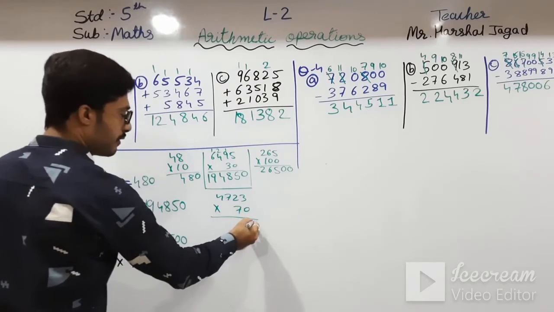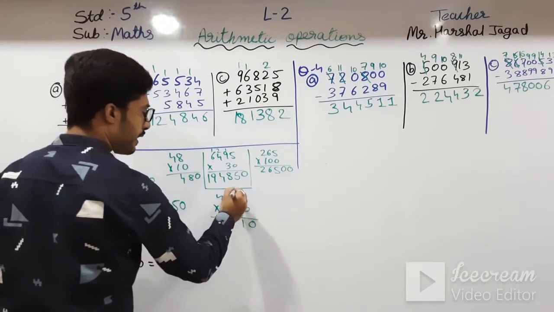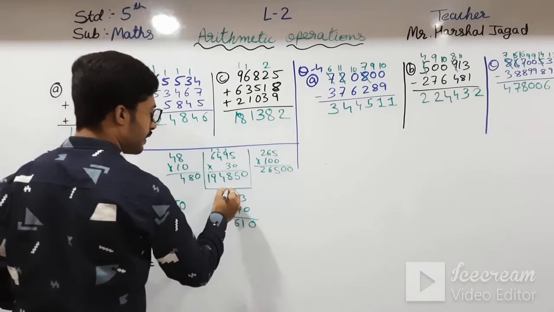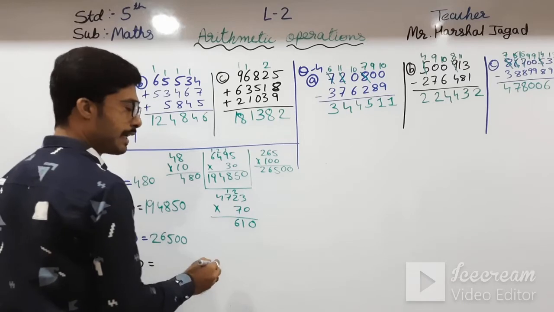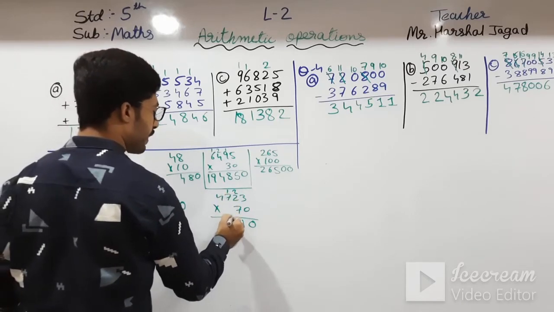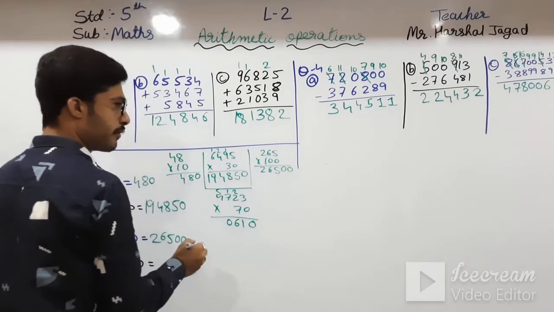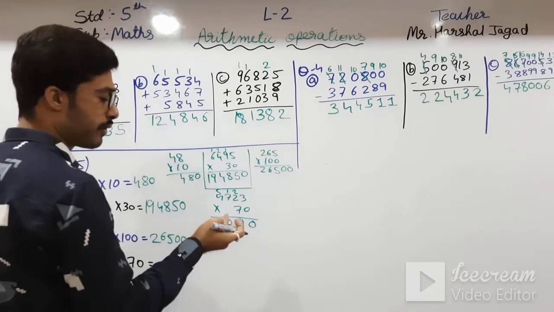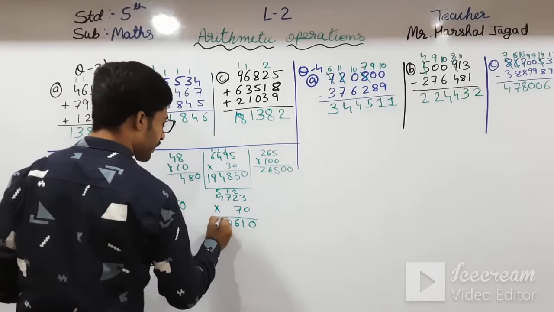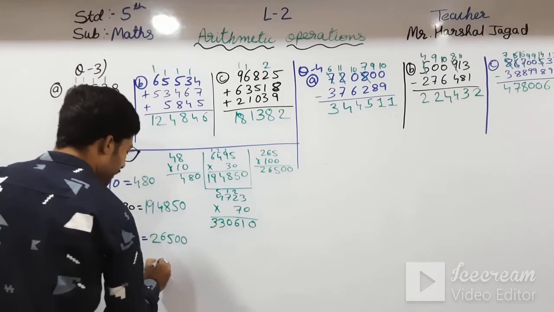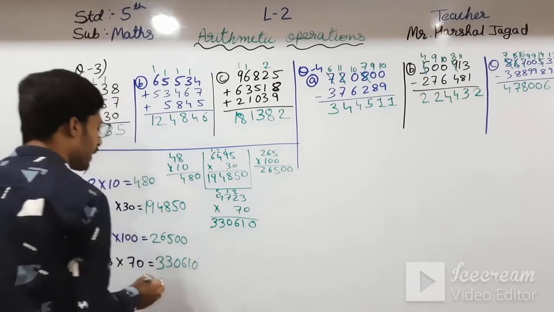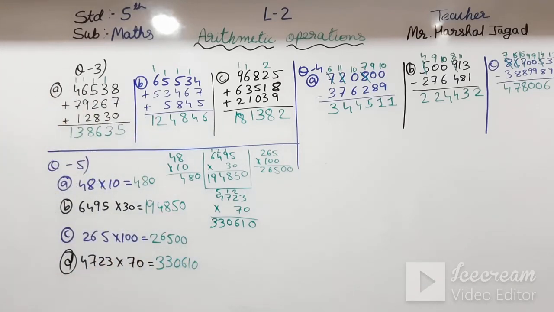Here is 1 zero, then 0. 7 3s are 21. 7 2s are 14 plus 2, 16. 7 7s are 49. 49 plus 1, 50. 7 4s are 28. 28 plus 5, 33. So this is the answer. Okay students, these are the answers of the multiplications.